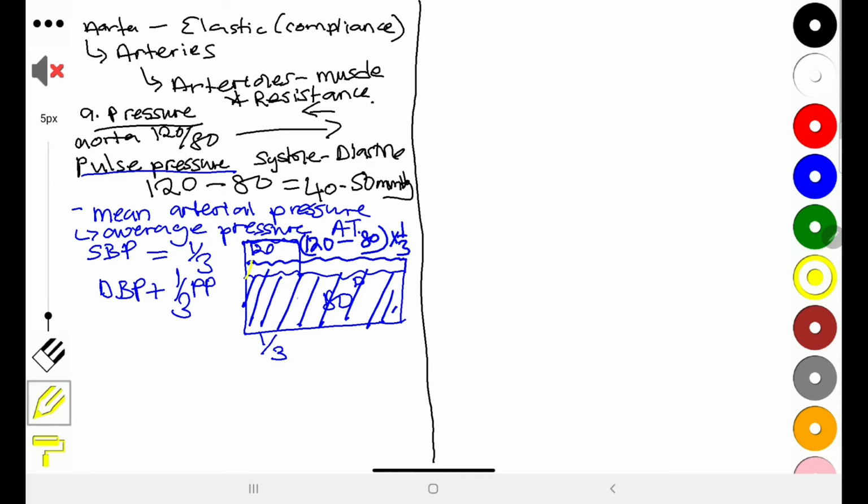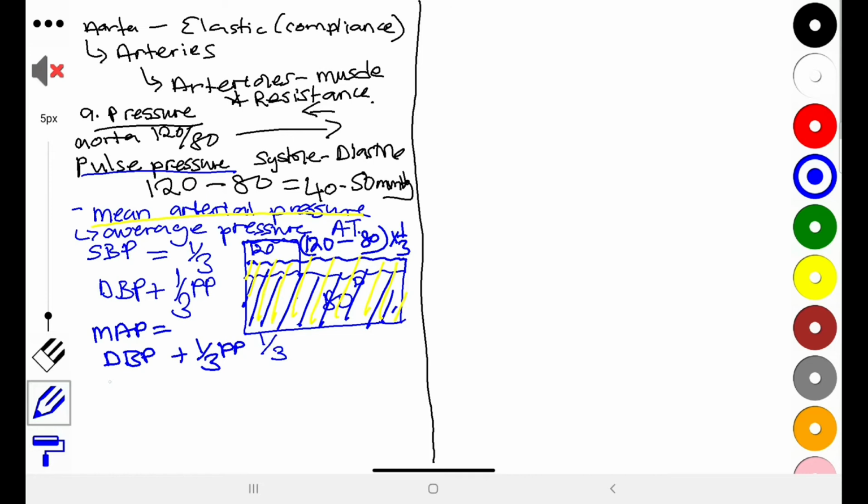Okay, so this is the pressure that we think will be there throughout the cycle as the mean arterial pressure. So again, mean arterial pressure will equal DBP plus a third of systole minus DBP.